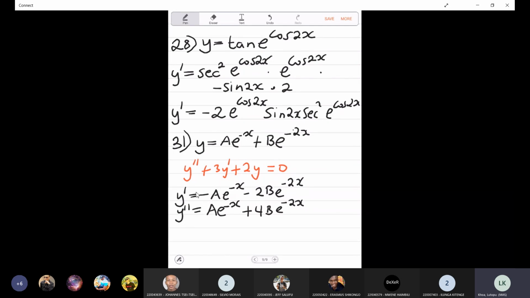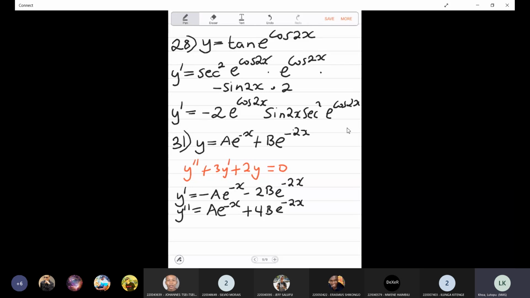So now I have everything I need. I have the second derivative, I have the first derivative, y is given to me in the question. So we just substitute them in this equation and then show that the answer will be equal to 0.